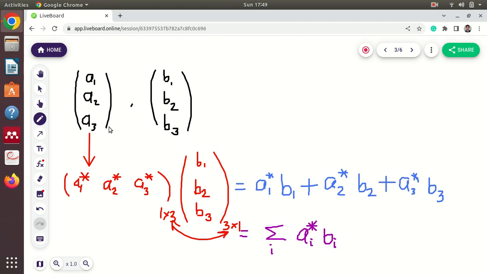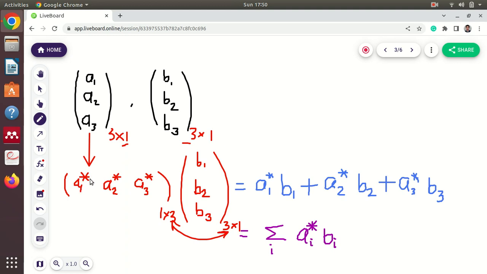Here you can see this is also 3 by 1, so I will write again 3 by 1, and this is also 3 by 1. So this is 1 here, this is 3 here, they do not match, and therefore I cannot directly take the dot product or scalar product or inner product.